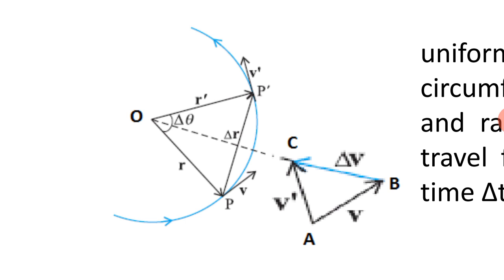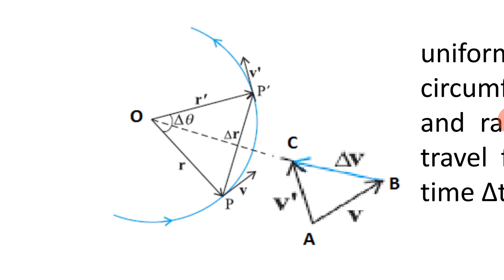So now one more vector BC, that gives the change in velocity delta V. Now come to the triangle law of addition of two vectors.